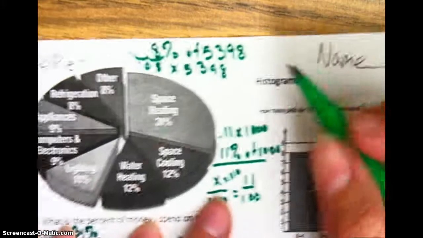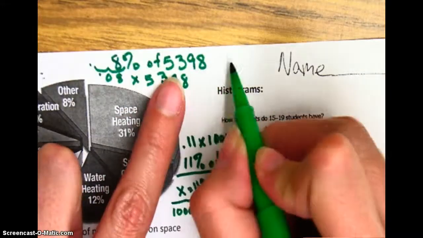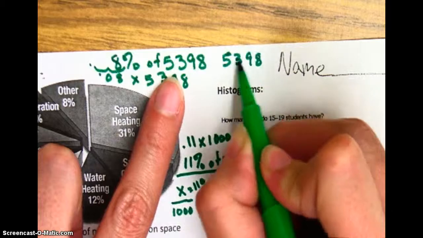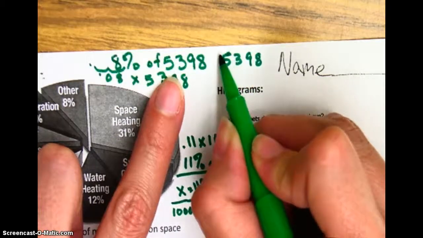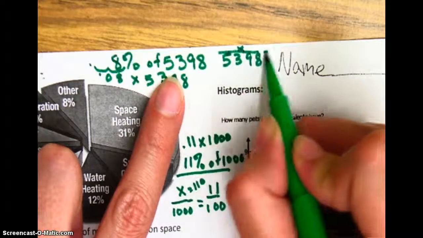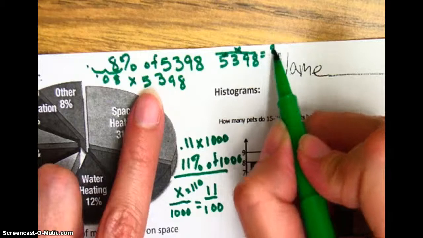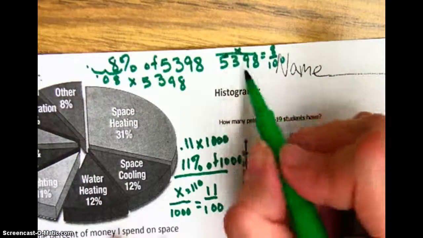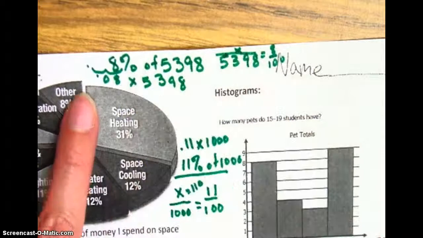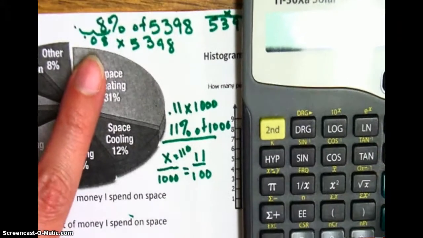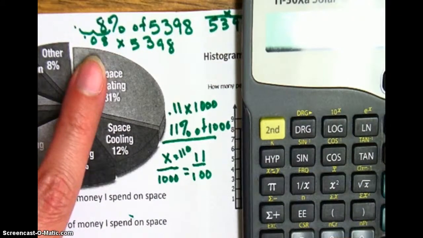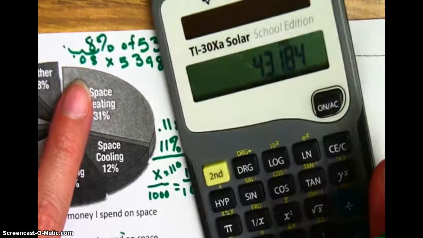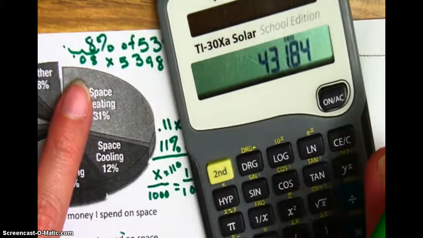Or you could set it up as a proportion where you have this 5,398 is the total, your x is on the top, and then you have the percent over 100, which is 8 over 100. In either case, you cross multiply, divide here, or if you just multiply 0.08 times 5,398, that gives you $431.84.